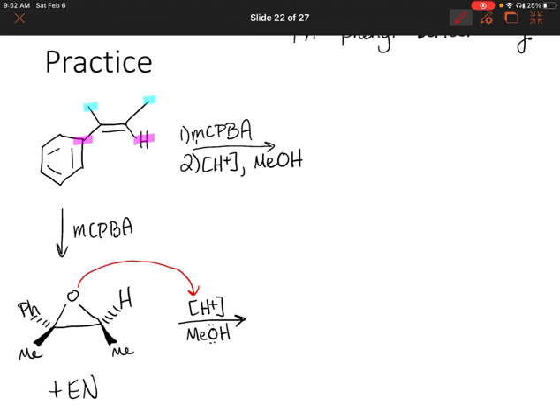All right, and then once it's protonated, the nucleophile can come in and attack. So our nucleophile in this case is methanol. Now we have to figure out which carbon methanol is going to attack. The left-hand carbon or the right-hand carbon?